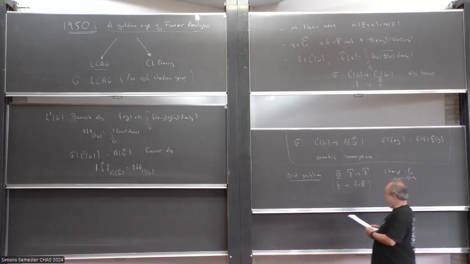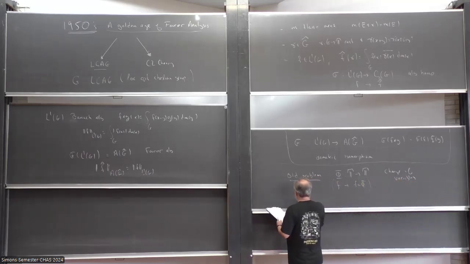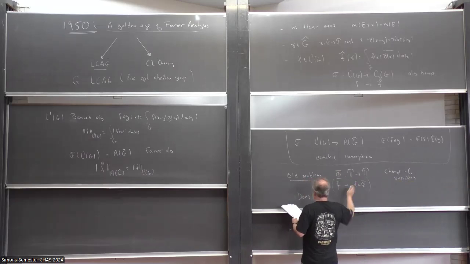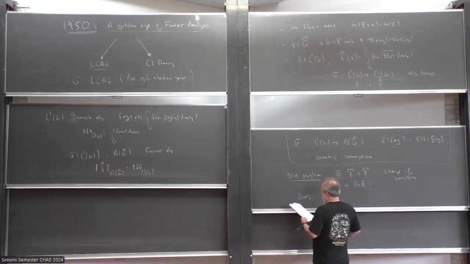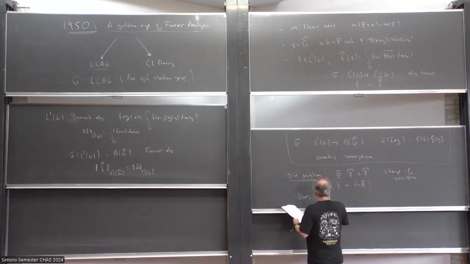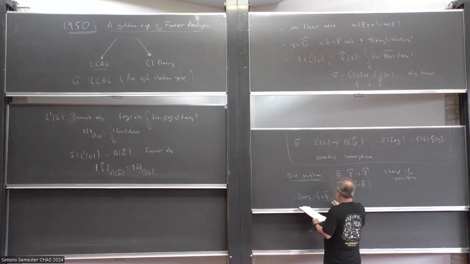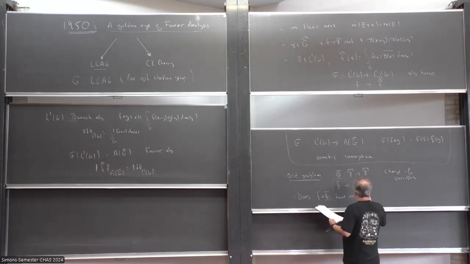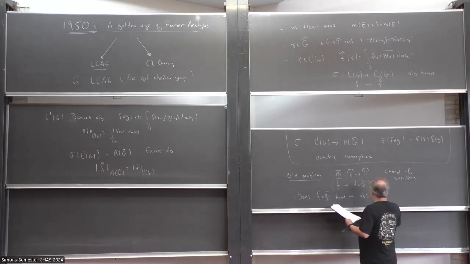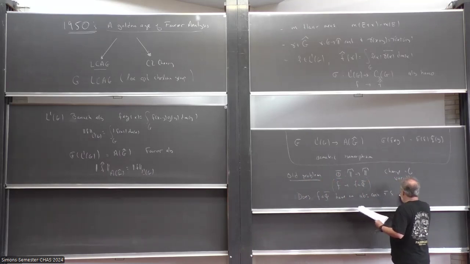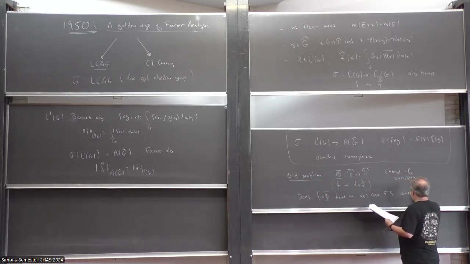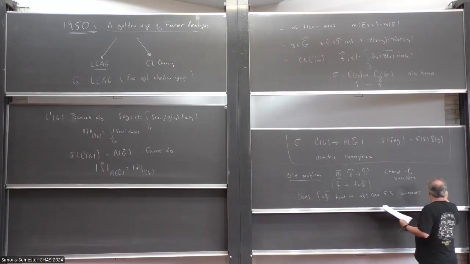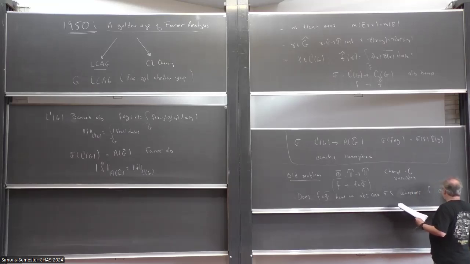And so this is the problem: I want to understand those mappings phi that have the property that under a change of variables, does f composed with phi have an absolutely convergent Fourier series whenever f does.